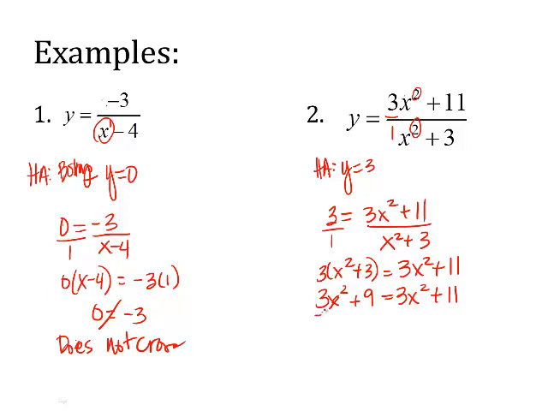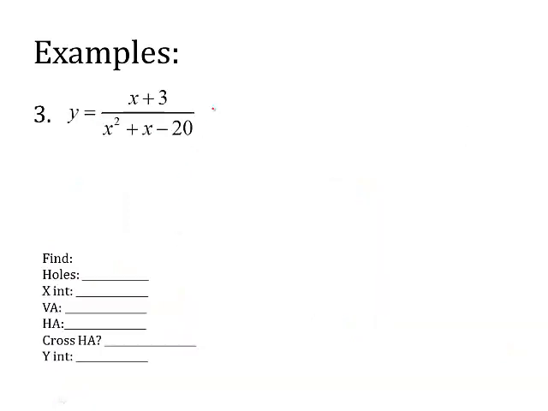I can subtract them from one side, but they're going to go away from both sides, right? So what I have is a statement that says 9 equals 11. That's not true, so this one does not cross. Okay, so I just want to give you an idea of the process. If they do equal, then it will cross, and we'll talk about that. Okay, so let's try another one.